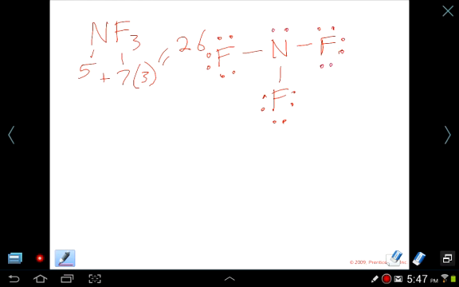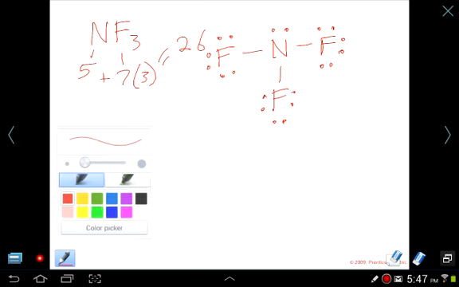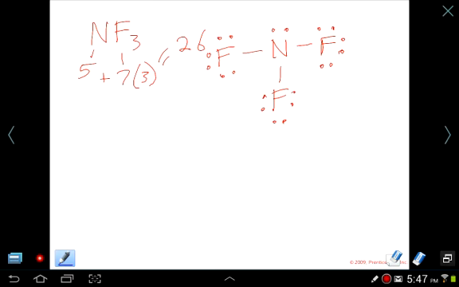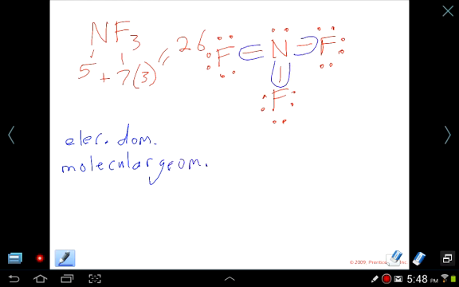Now this is actually a picture that we've seen from a previous example, very similar. So let's take a look at the 2 possible geometries, the electron domain geometry and the molecular geometry. The electron domain geometry, it looks like we have 1, 2, 3, 4 electron domains. That corresponds to tetrahedral.